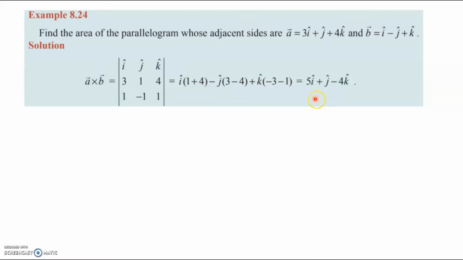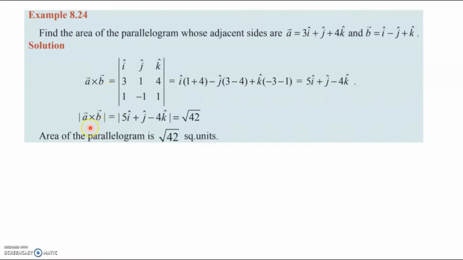Now the magnitude of this is equal to the area of the parallelogram. So the magnitude of A cross product with B is equal to the magnitude of this vector, which will be square root of 25 plus 1 plus 16, which is root of 42. Therefore, the area of the parallelogram is root of 42 square units.